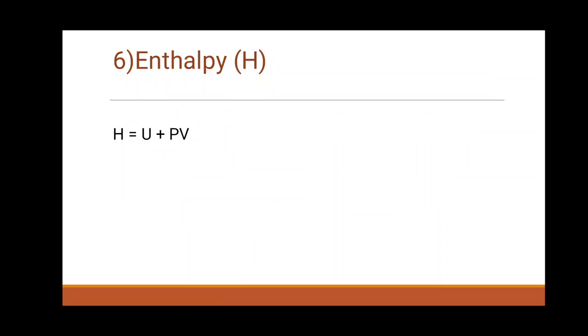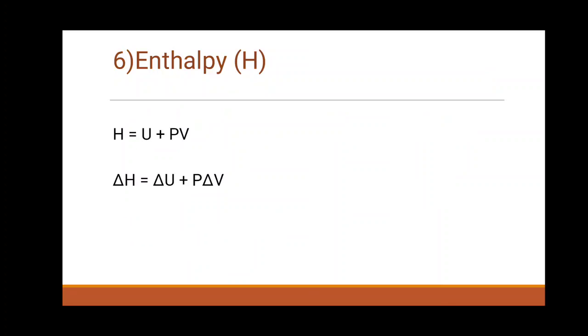That's why H equal to U plus PV. That formula is used. Now, the change in enthalpy, del H equal to del U, the change in internal energy, plus constant pressure times the change in volume, del V.